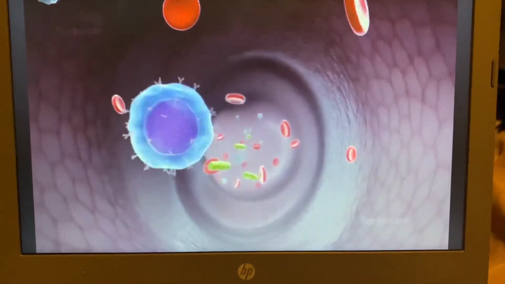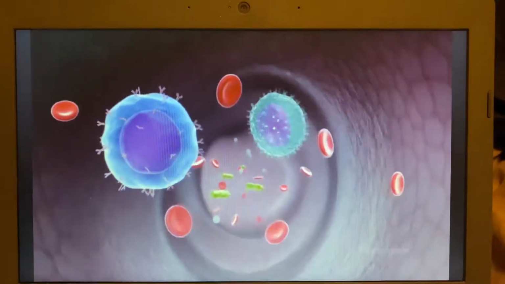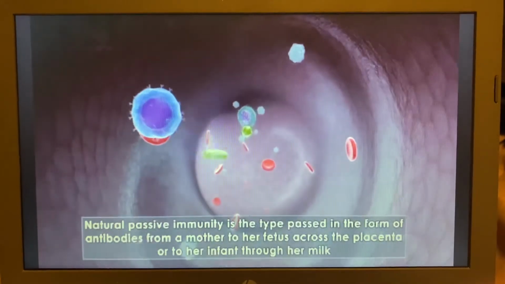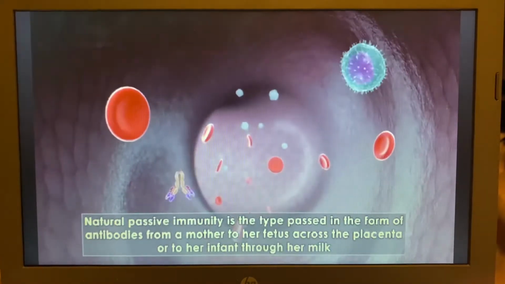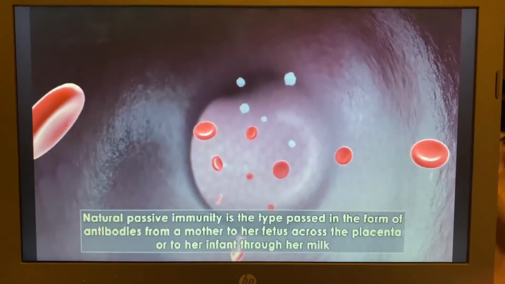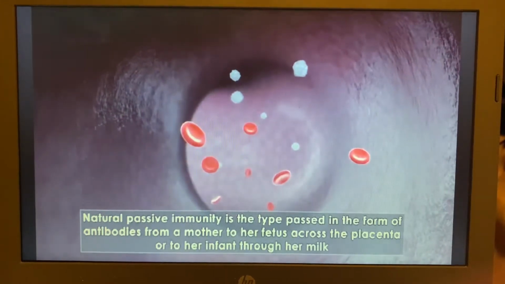Immune cells such as B cells and T cells will attack the antigen, eventually eliminating it. Natural passive immunity is the type passed in the form of antibodies from a mother to her fetus, across the placenta, or to her infant through her milk.